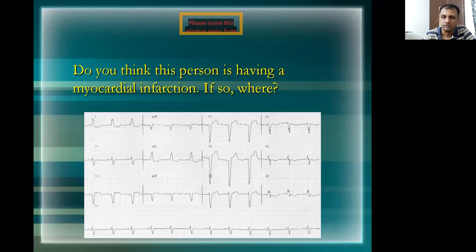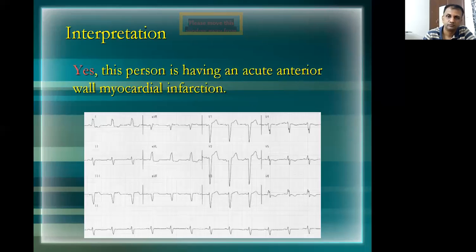So we are suspecting a myocardial infarction in this patient. This is called an acute anterior wall infarction because the anterior leads are involved. Am I clear? Yes, sir. We label an acute MI based on the ECG leads as anterior, posterior, inferior or lateral wall, based on the colored slide which I showed you just now.